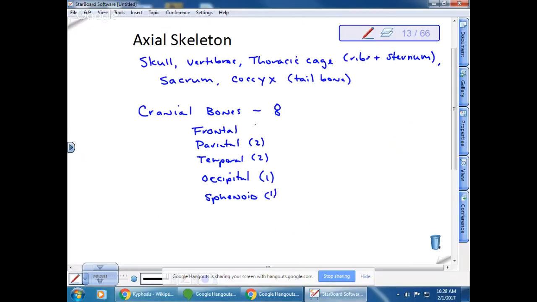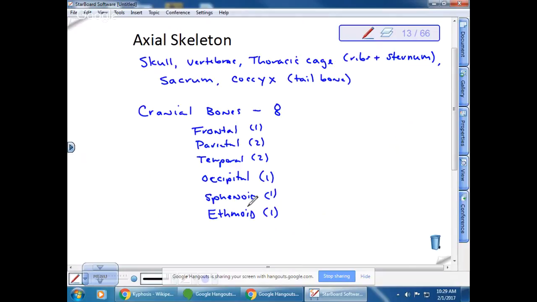I should put this. So we have 4, 5, 6, 7, and 1 more. Okay. So those are the 8 cranial bones. They are different from the facial bones, which we'll talk about in a minute.